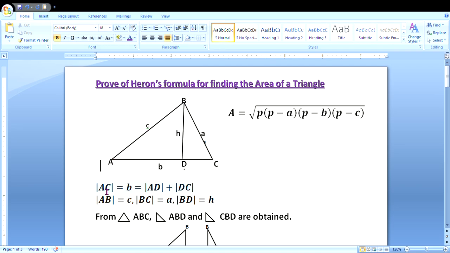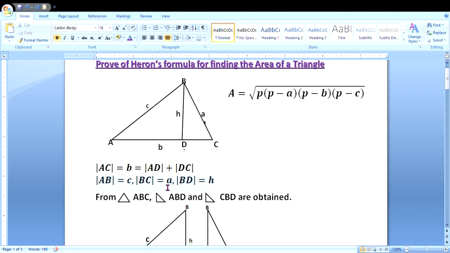So the line AC is equal to b, and AC is the same thing as the base. We should know that AC is the base of the triangle, and AC is the same thing as the line AD plus DC. Here we know that AB is c, BC is a, and BD is the height of the triangle.